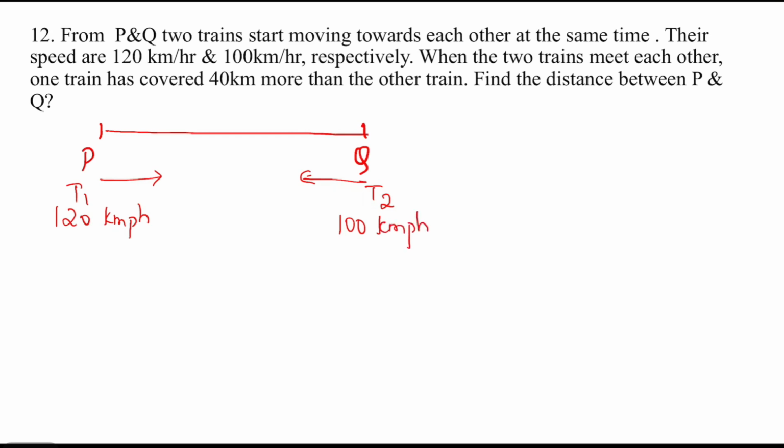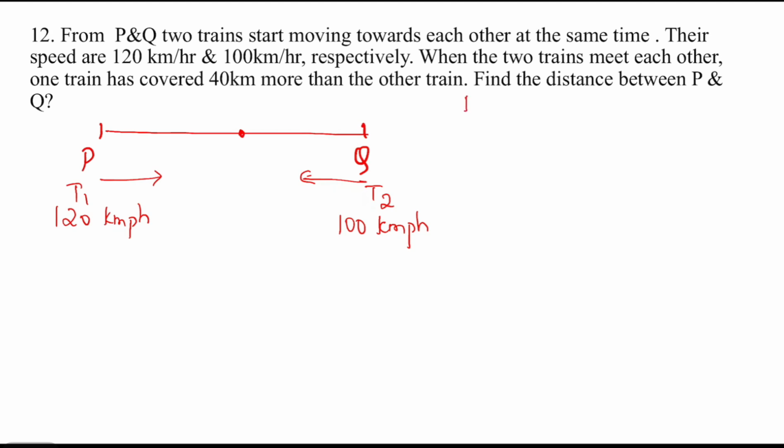Next, when the two trains meet each other, means at one point they are meeting. One train has covered 40 km more than the other train, we don't know how much, but one train is covering 40 km more than the other train. So find the distance between P and Q.